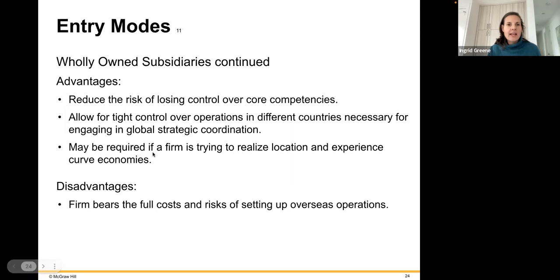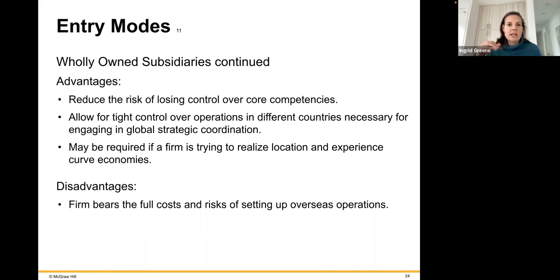And so the advantages are that they reduce the risk of losing control over the core competencies. So they have access to those technologies, processes, ideas. It allows for tight control over the operations, and may be required if a firm is trying to realize local and experience curve economies. So that's probably the case with IKEA, right?